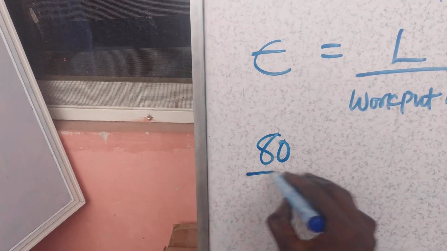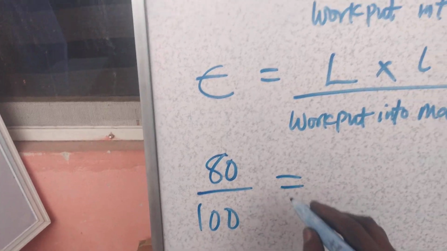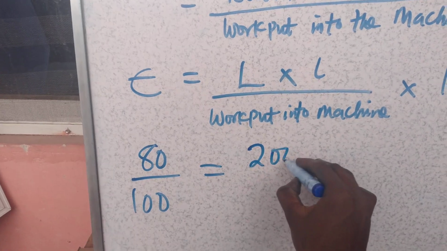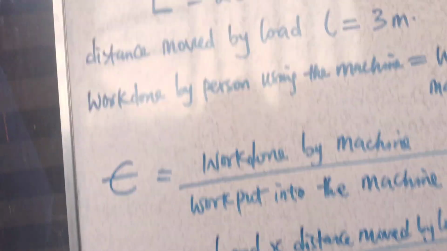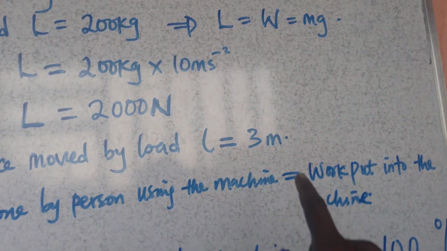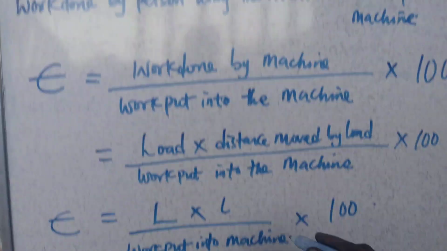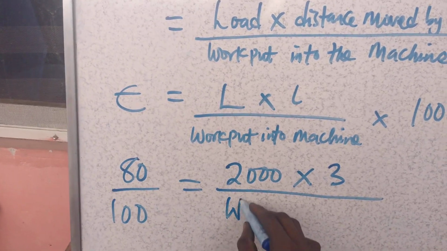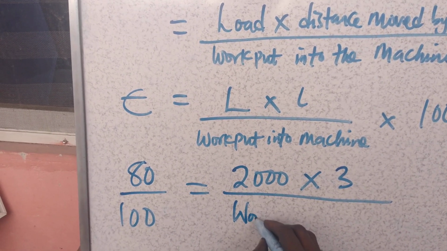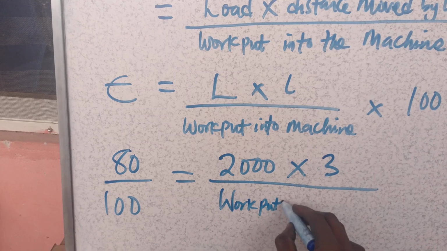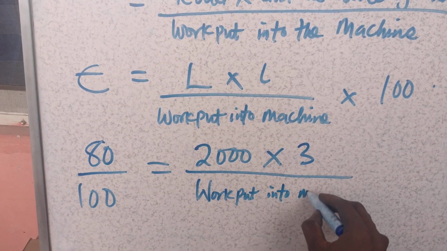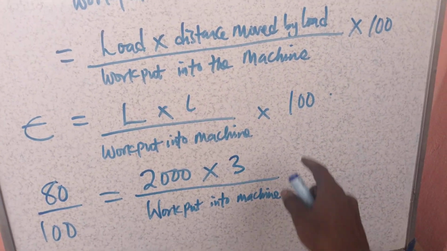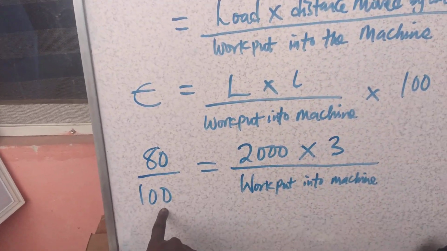That is 80 over 100 is equal to the load, which is 2000 newtons, times distance moved by load, which is 3 meters, over work put into machine. So there will be no need for this 100 because it has come here as the denominator.